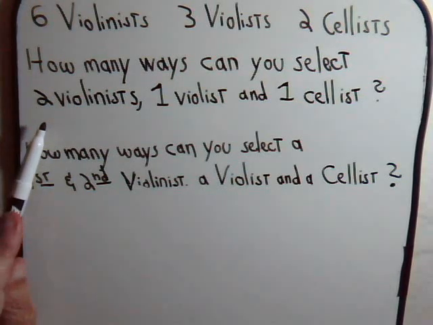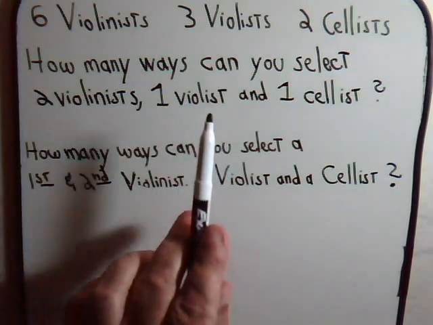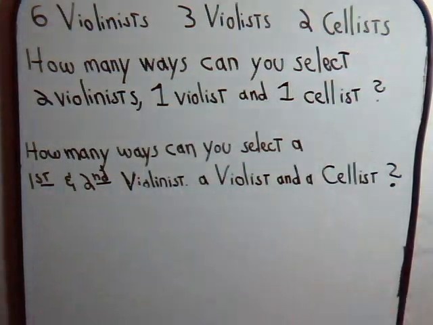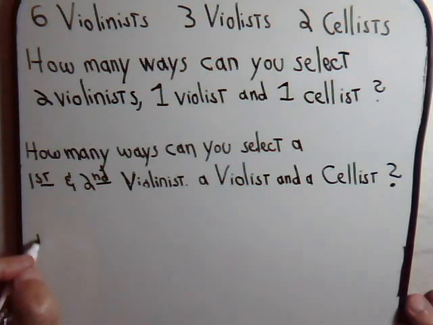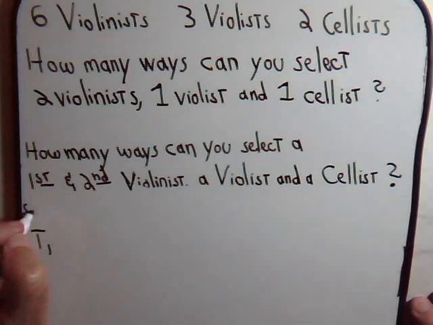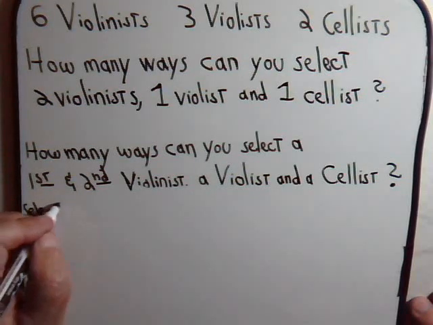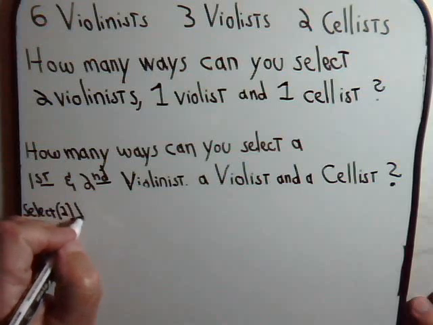So let's think of the first part of the problem. We think of it as performing 3 tasks. Task 1, choose a violinist. Task 2, choose a violist. Task 3, choose a cellist. So task 1, select 2 violinists.